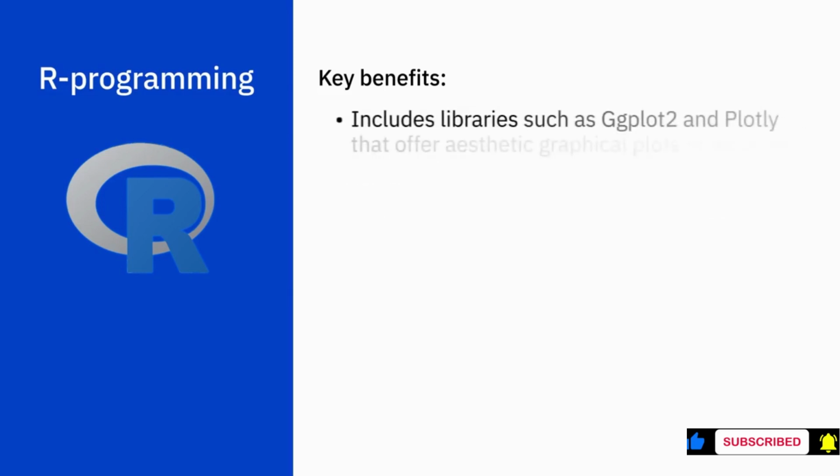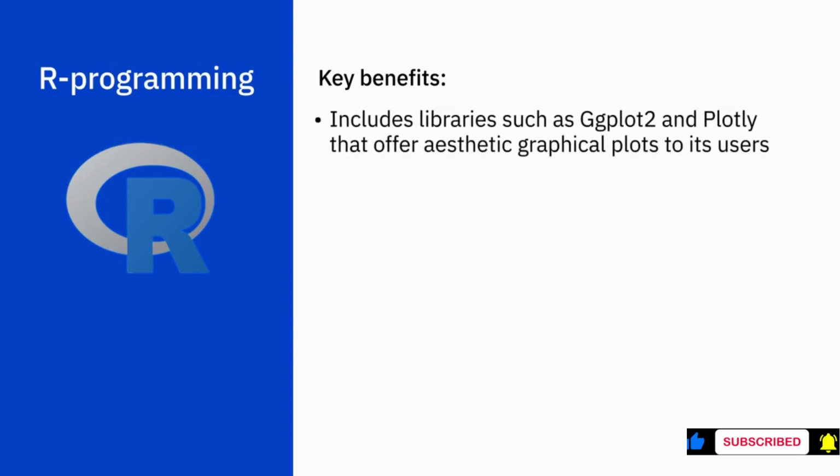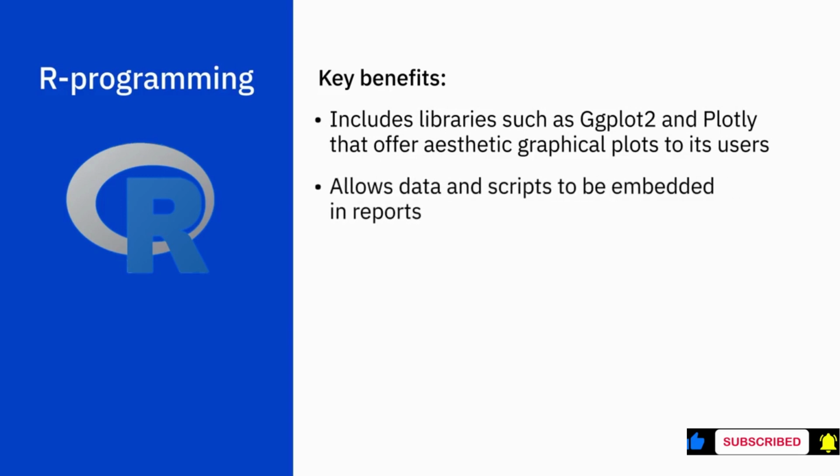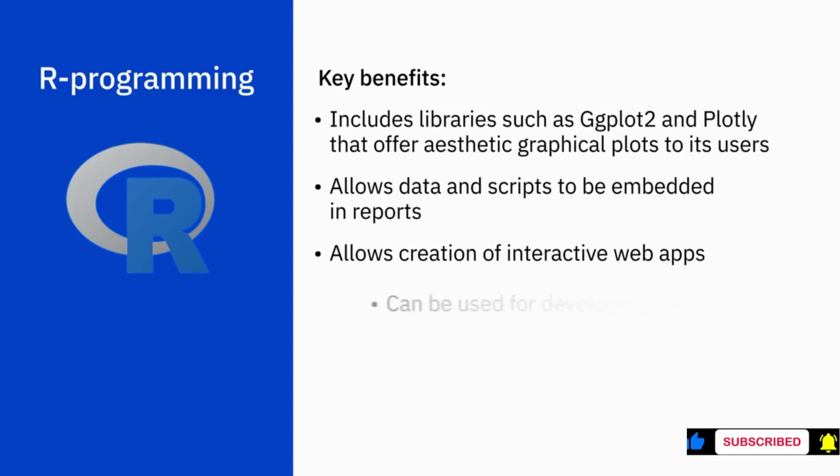It has libraries such as ggplot2 and Plotly that offer aesthetic graphical plots to its users. You can make reports with the data and scripts embedded in them. Also, interactive web apps that allow users to play with the results and the data. It is dominant among other programming languages for developing statistical tools.